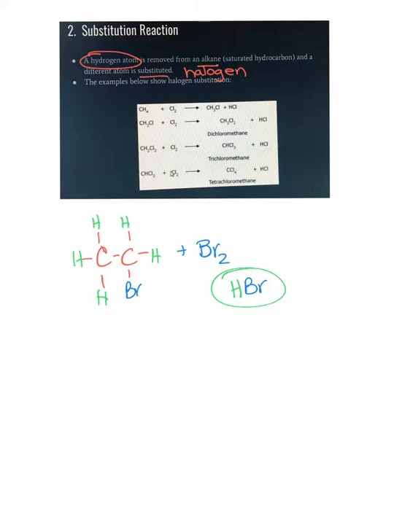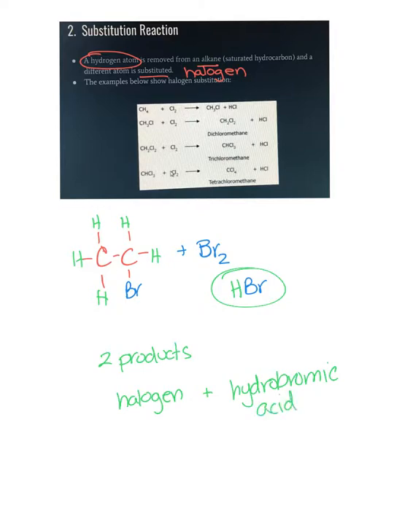So one hydrogen came out, one bromine went in, and we end up with 2 products, and one of those products is a halogen acid, in this case, hydrobromic acid. Okay, 2 products is your key. Here's 2, here's 2, here's 2.